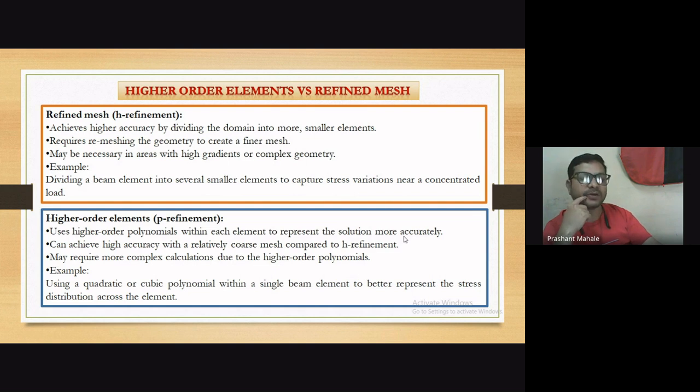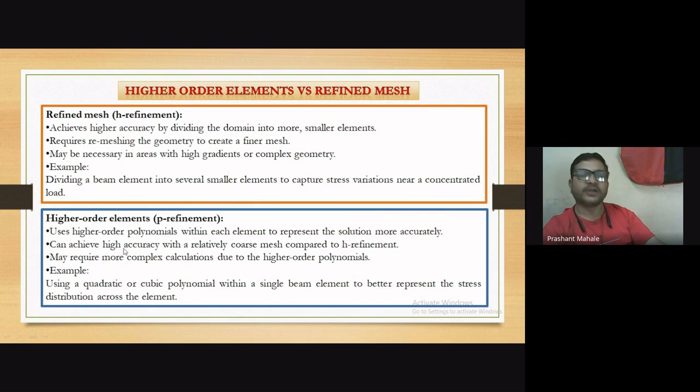When we go for higher order, the polynomial equation goes on increasing with a higher order variable. So when it is higher order variable, definitely it is going to be complex to solve. So here, instead of increasing the number of elements, we are going to increase the order of the polynomial equation, which can achieve high accuracy with a relatively coarse mesh compared to H refinement.